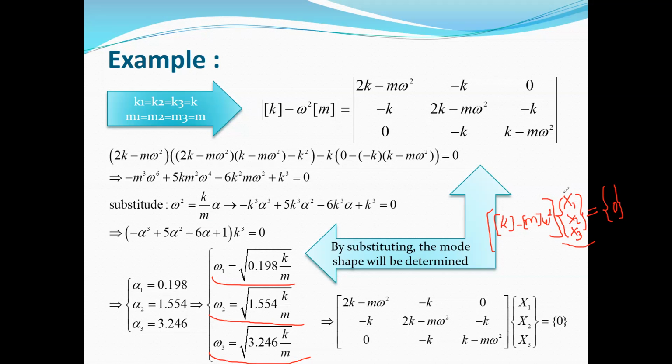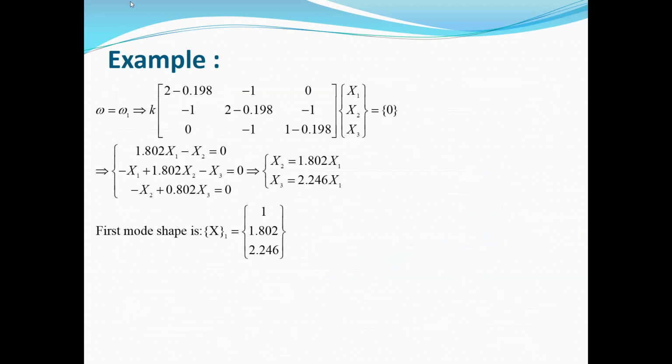So here, if you substitute omega equal to omega 1, we can extract the first mode shape and the relation between x1 to x3. As you can see, when you substitute omega equal to omega 1, we will have this row with the components 2 minus 0.198, minus 1, and 0.